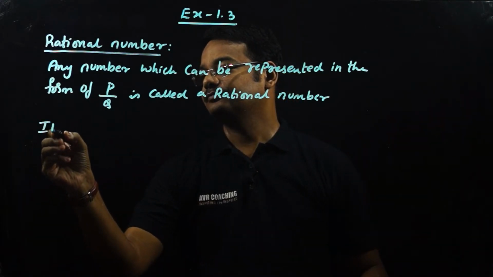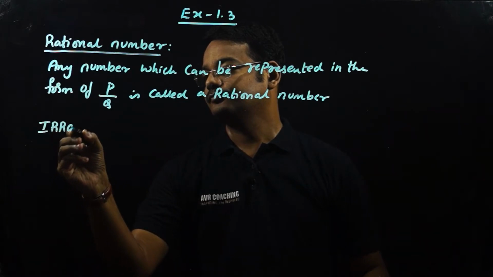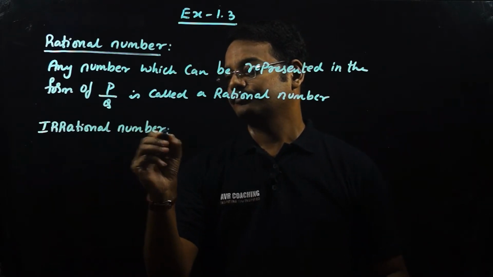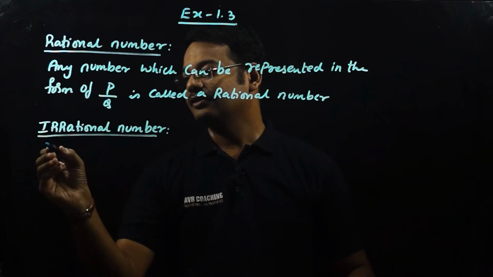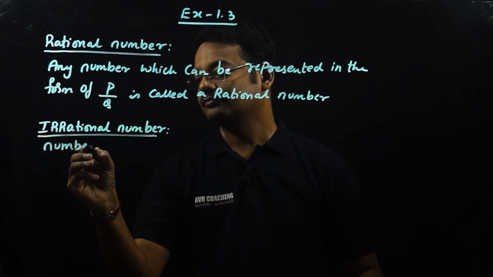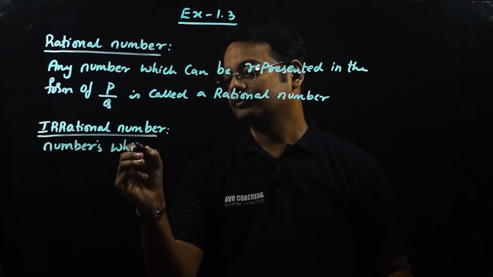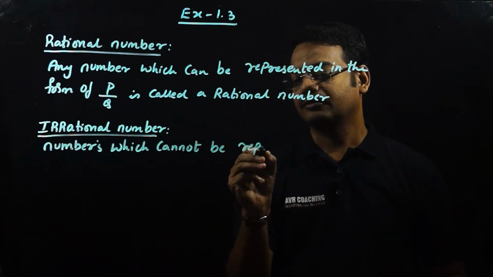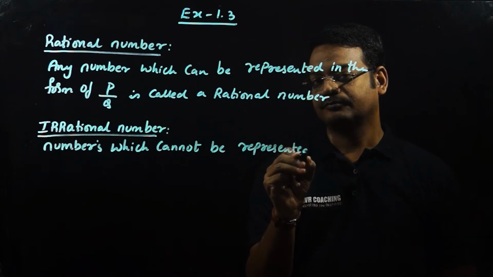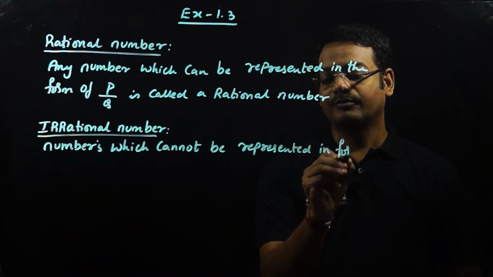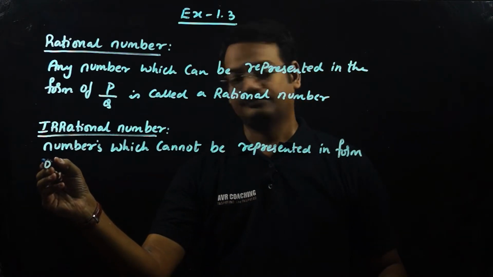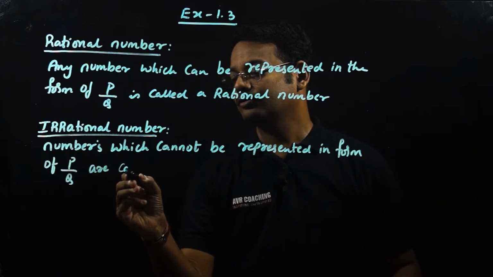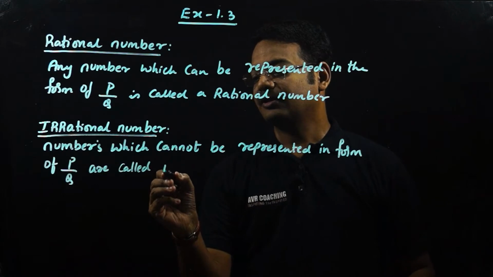Next, irrational numbers. Irrational numbers are numbers which cannot be represented in the form of p by q.